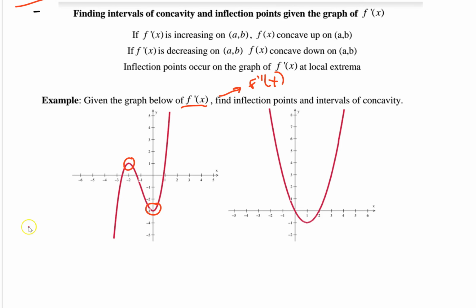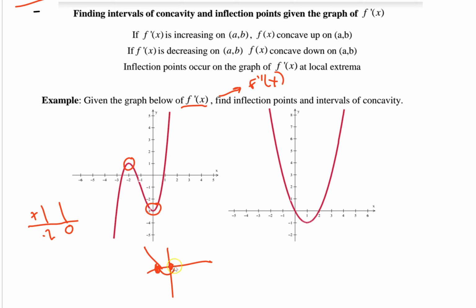So again, you want to treat this like a sign chart. -2 and 0, my x values. And then notice how it's increasing. So that's positive to me, because we're trying to get to the second derivative. It might just be easier to make a graph, actually. Here's -2 and 0. If it's 0 there: increasing, so positive.